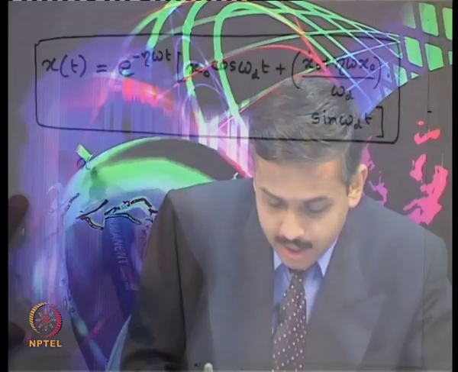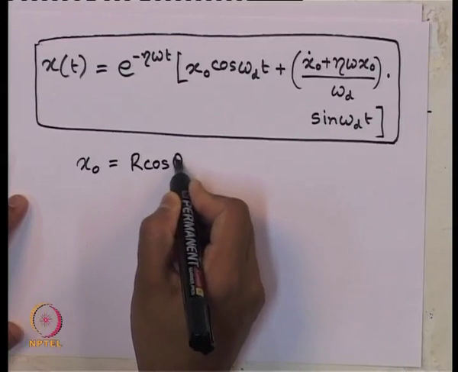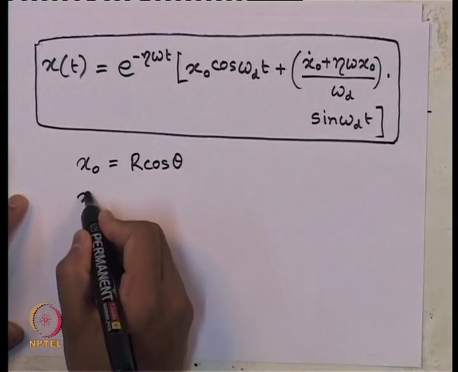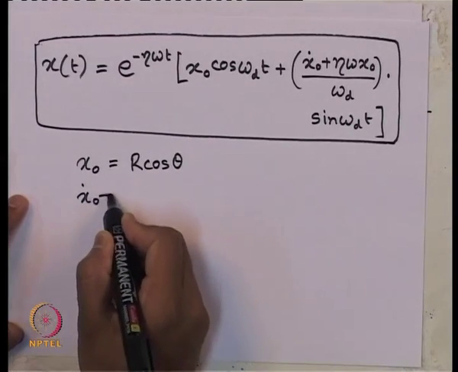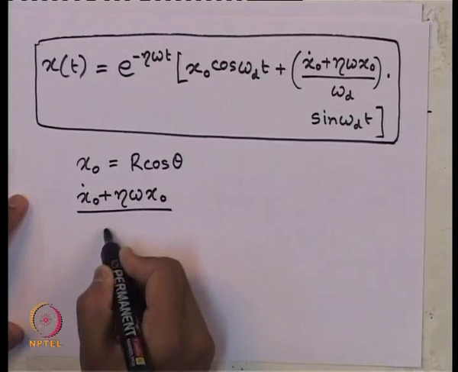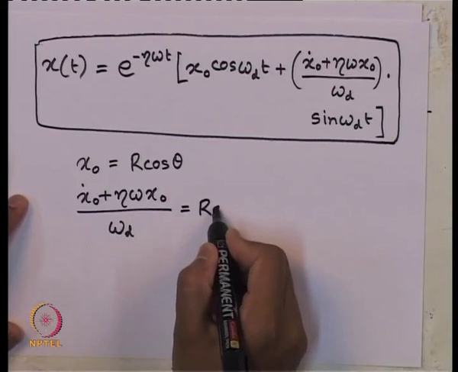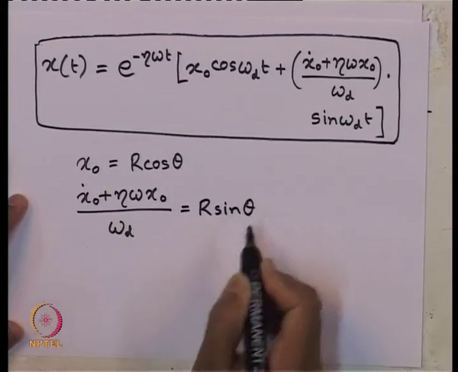Here also we can do that by expressing x naught as r cosine theta, and this function, x naught dot plus eta omega x naught by omega d, as r sin theta.